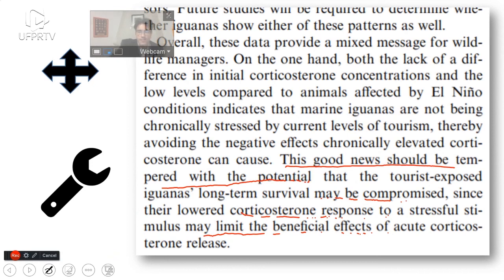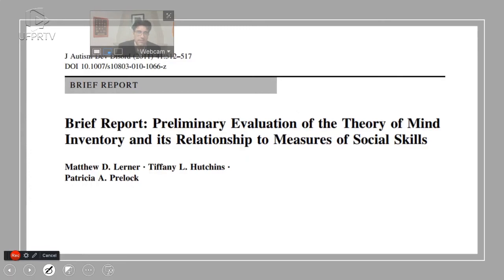And so they talk about overall, but they talk about that these things are tempered with limitations. And remember, talk about limitations and practical effects and implications usually come at the end. You wouldn't begin a discussion section with those bits of information.